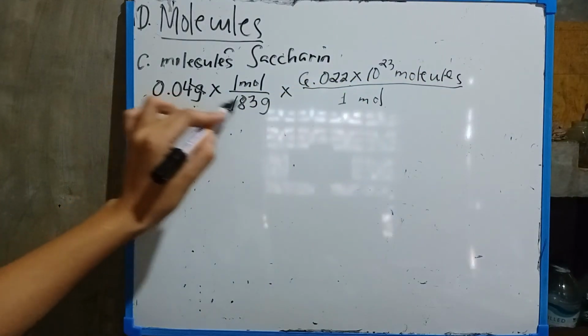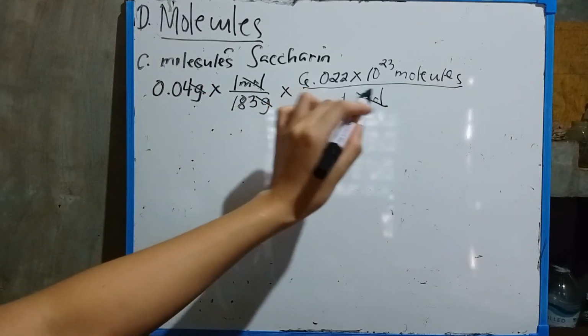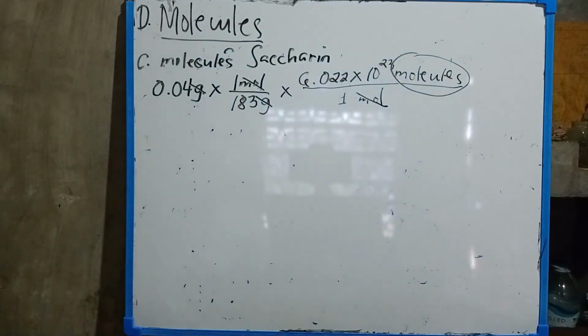So, cancel out the grams, cancel out the mole. Then, ang mabili nato is our molecules for the compound.